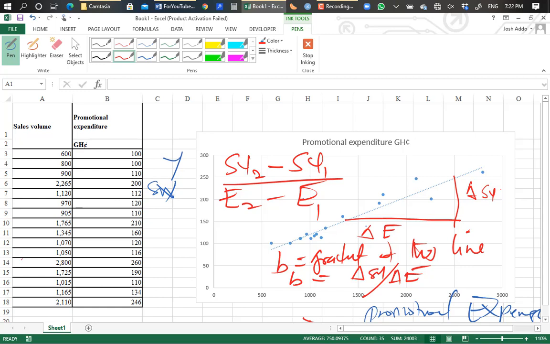Please let me pause a little bit to draw your attention to something very critical. The first examples that we solved in class were between units of production and total cost.